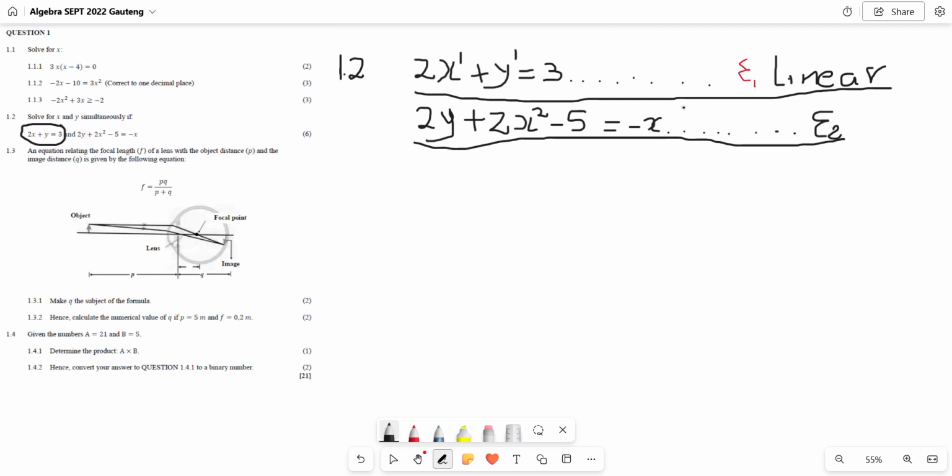Then from equation number 1, we are going to form what is called equation number 3. Then how do we do that?